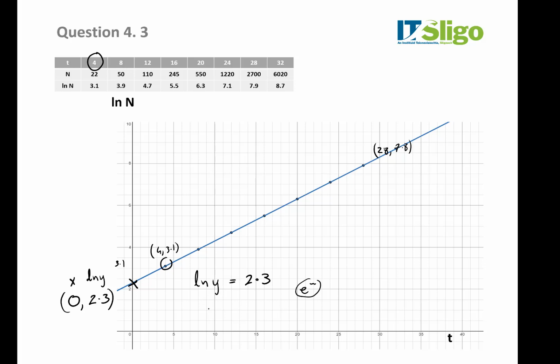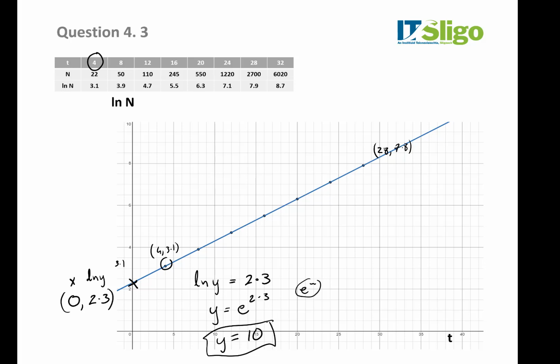When we do that to the left hand side, we just get y is equal to e to the power of 2.3. And that gives us 9.9, which is close enough. It's actually 9.974. So we'll just say it's 10. And that kind of confirms what we got in the previous example.